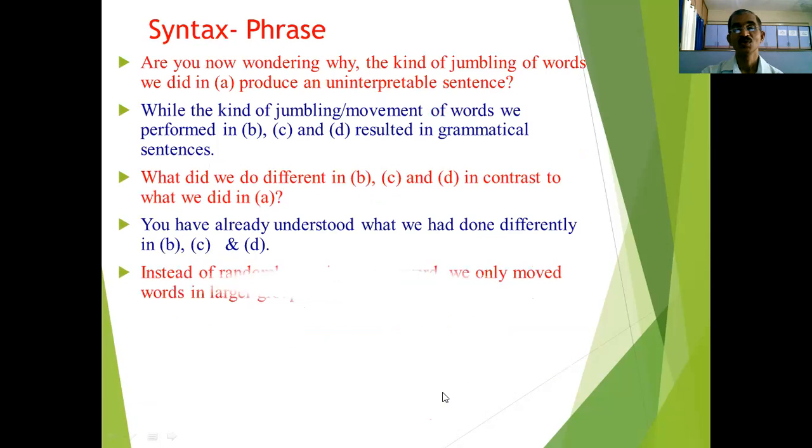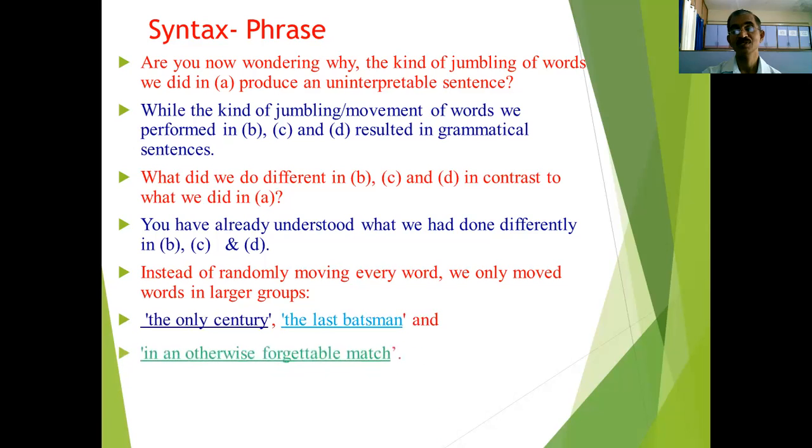You have already understood what we did differently in sentences B, C, and D. Instead of randomly moving every word, we only moved words in longer groups. Which are the longer groups? The only century, the last batsman, and in an otherwise forgettable match.